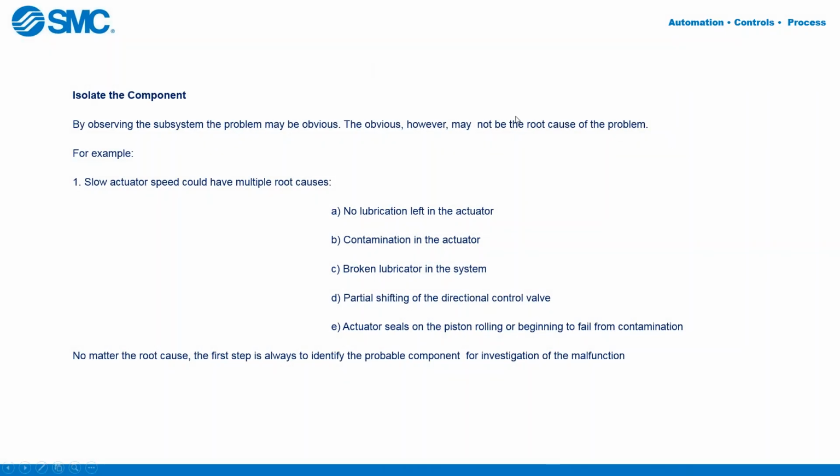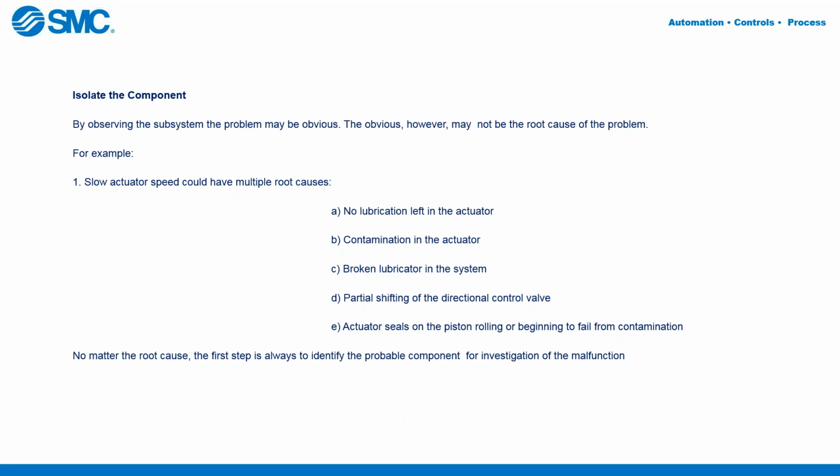If we get to the bottom there and we have determined the component, and maybe we've found that this actuator is too slow, now we still don't know the root cause there. Could it be the lubrication issue? Could it be contamination? Could it be excessive lubrication due to a broken lubricator? Could it be partial shifting of the directional control valve? Could it be the seals on the piston?